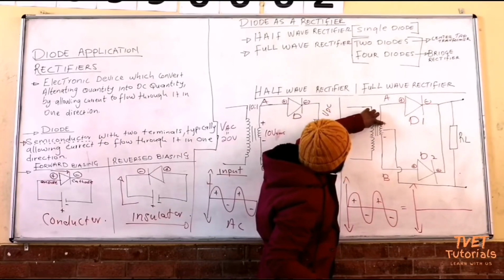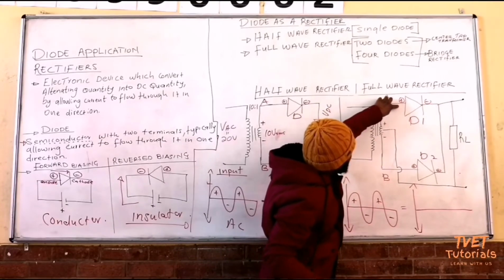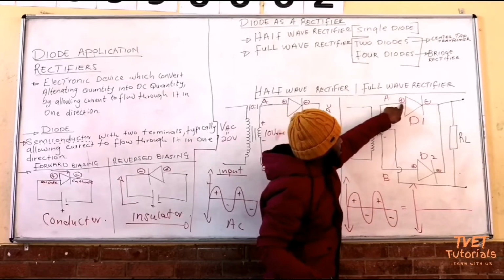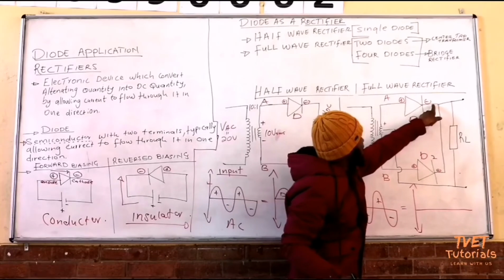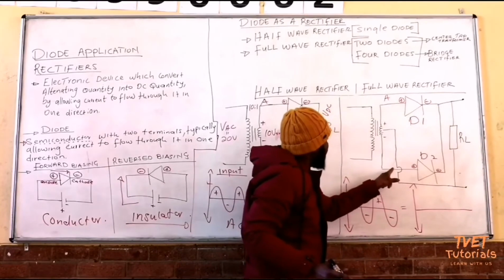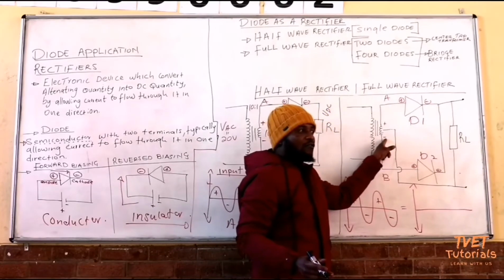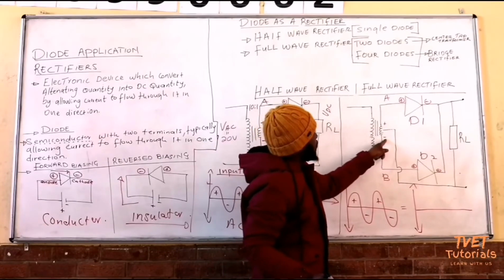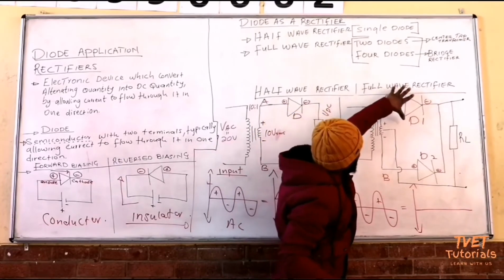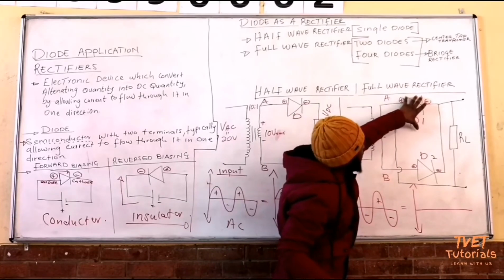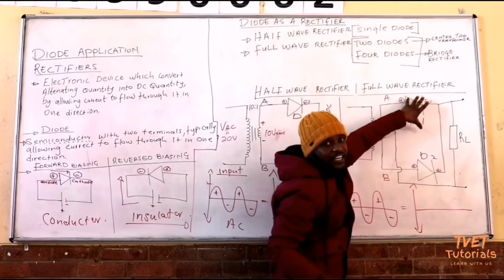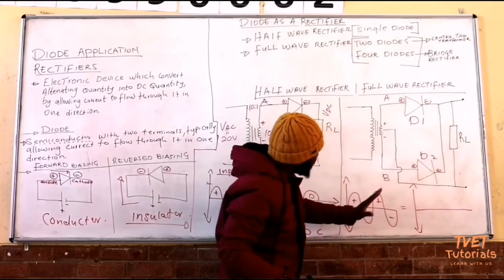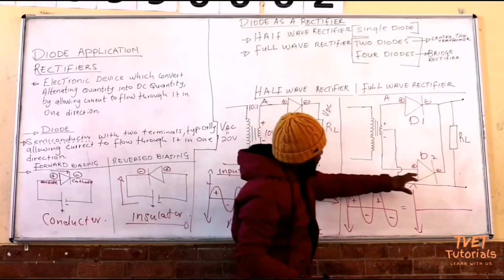So the positive terminal of this supply is connected to the anode of the diode, and the negative terminal is connected to the negative terminal of the supply. So you can see D1 is now connected in forward bias mode. Therefore, it conducts.